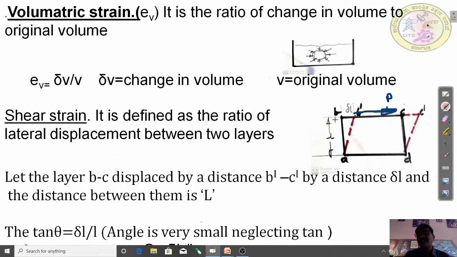The layers B, C change from B dash to C dash, a displacement distance delta L. Then tan theta is given by delta L by L, where theta is very small. We neglect tan and take theta equal to delta L by L.